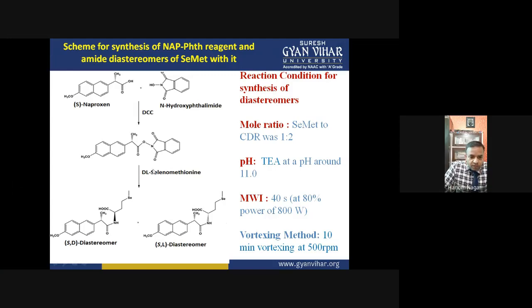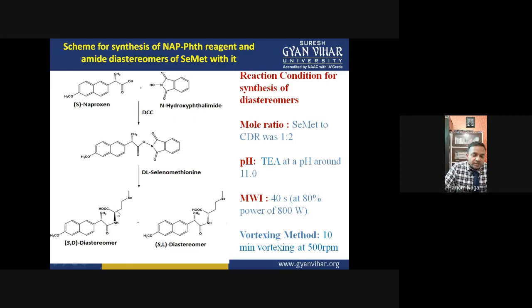So after reacting DL-methionine with the chiral derivatizing reagent, two diastereomers are formed. First is the SD diastereomer, second is the SL diastereomer. Here, the first letter S is the configuration of this chiral center of naproxen, while D is the configuration of the chiral center of this selenomethionine moiety, right?